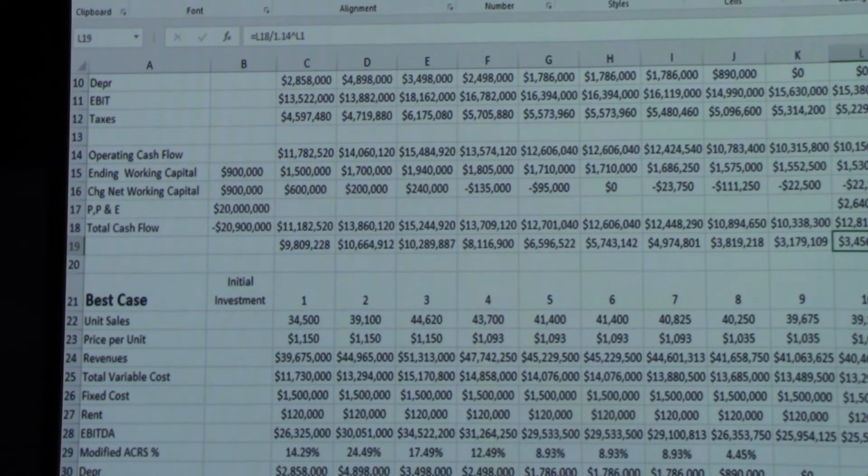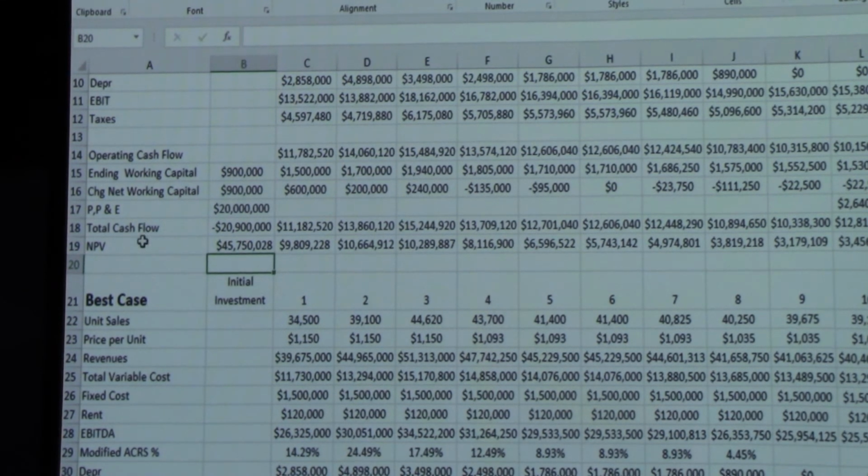Let's just double check. Yeah, looks like all that's good. And so let's do a net present value. Net present value is equal to our cash inflows plus our cash outflows, which is a negative number, so that makes it a negative number. There you go. So here's our net present value under a base case scenario.